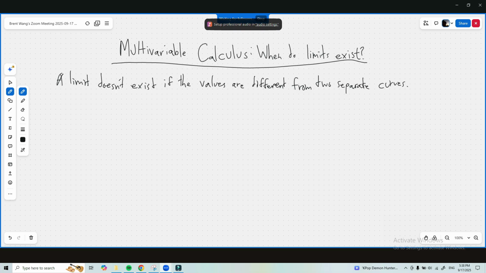So it's very easy. You just have to show that the values are different along two different curves, and then you can prove that the limit does not exist. So let me give you two examples of this.